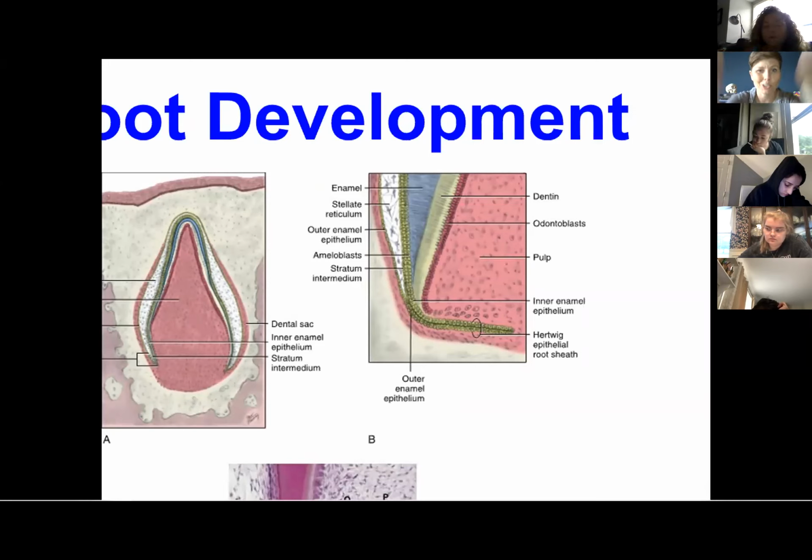And I feel like I'm looking at the screen up here, but I'm talking to you guys, right? I'm sorry. This is why I don't like it. But so you have your inner enamel epithelium here, your outer enamel epithelium here. And like I said, everything else is going on up here, and these two just kind of move along and keep going to form the root. Does that make sense? Okay, can you see that there?